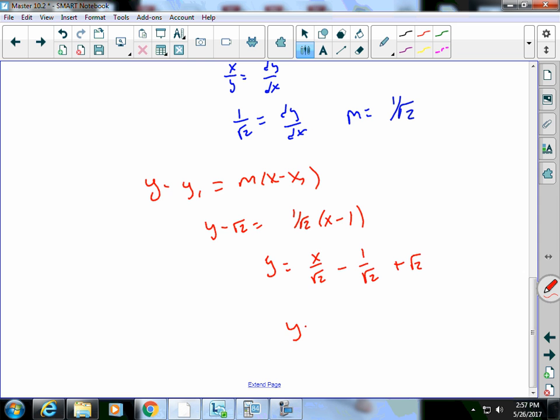And I can finish that off: x over square root of 2 minus 1 plus square root of 2 over square root of 2, minus 1 minus 2 over square root of 2. All right.